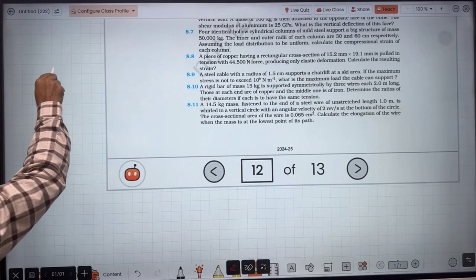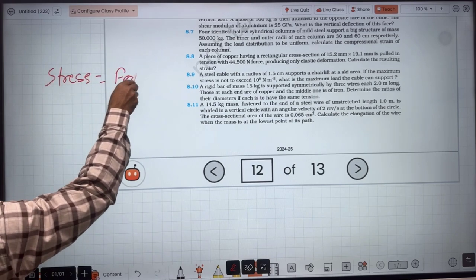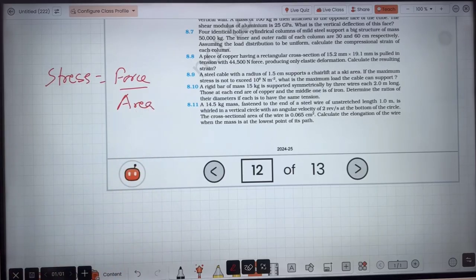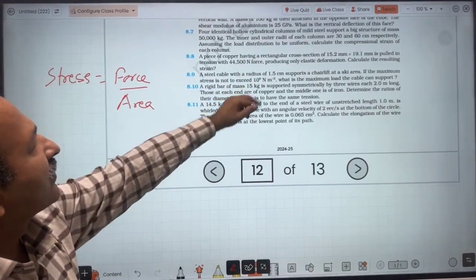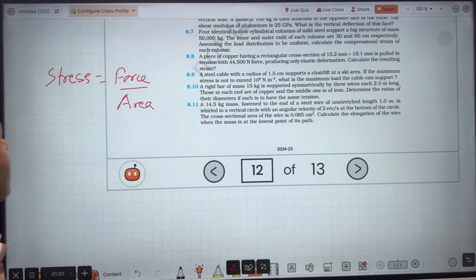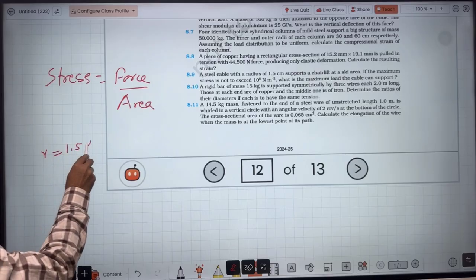So stress is given by force upon area, right? In this question, a radius is given, which means the area can be found.